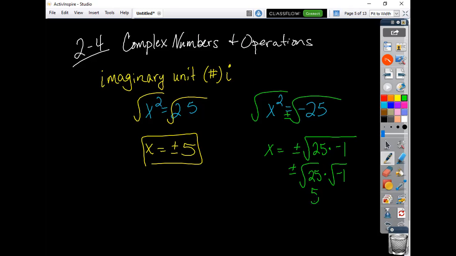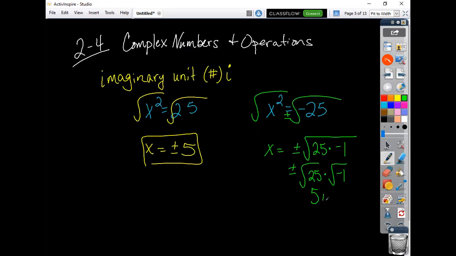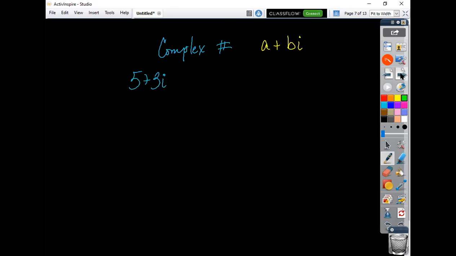Square root of 25 is 5. What did I say on this other page that the square root of -1 was going to be called? Square root of -1 is i, this imaginary number, and bring this positive or negative down in front. It's kind of weird, but makes it some really powerful stuff that we otherwise wouldn't have been able to do.